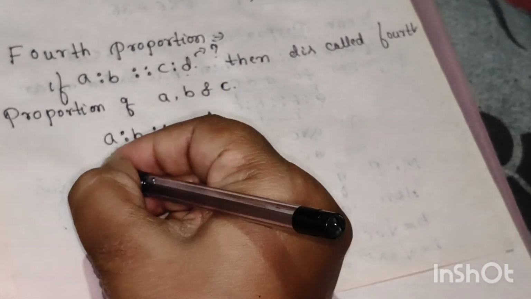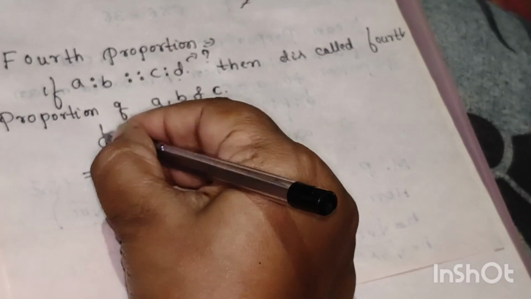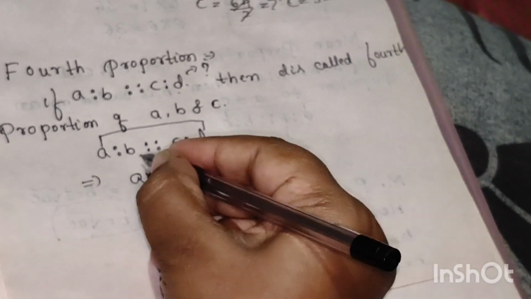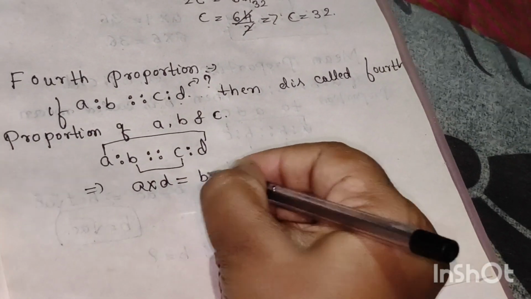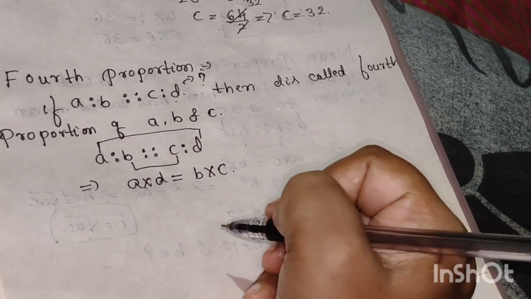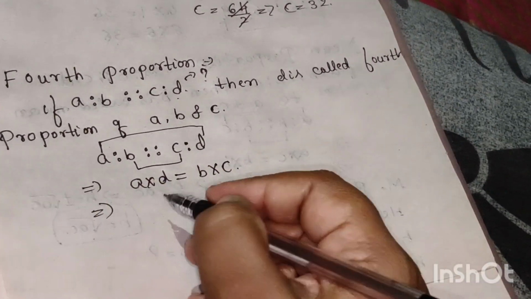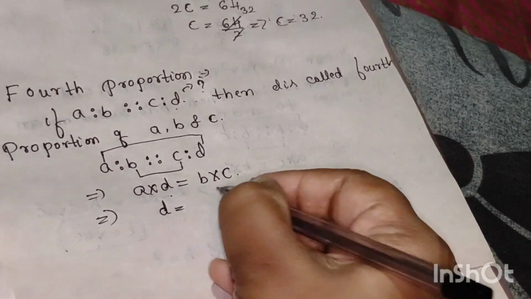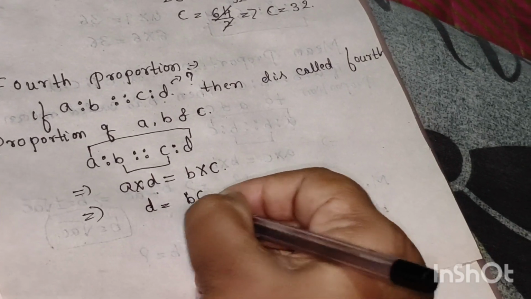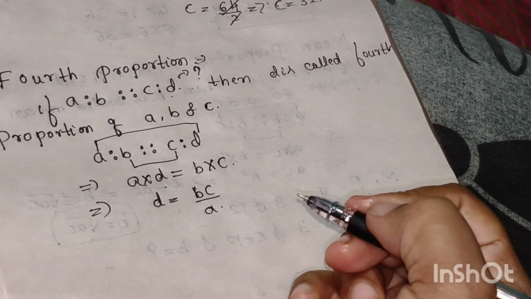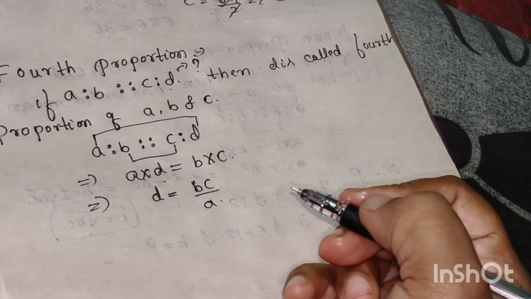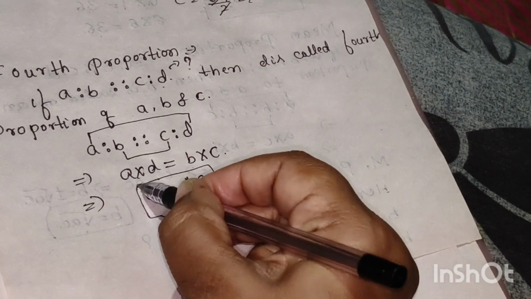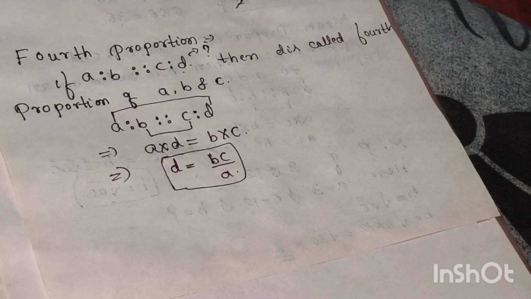So, which implies product of extremes A into D is equal to product of means B into C. So, in this case we find the value of D. So, D is equal to B into C, that means BC by A. This is the formula for finding the fourth proportion of A, B and C.